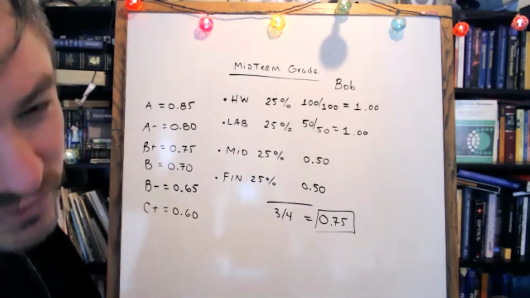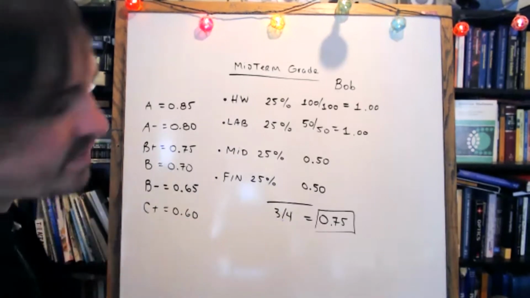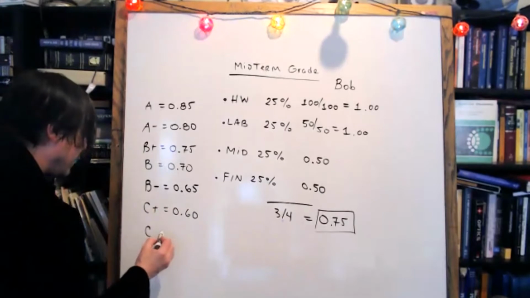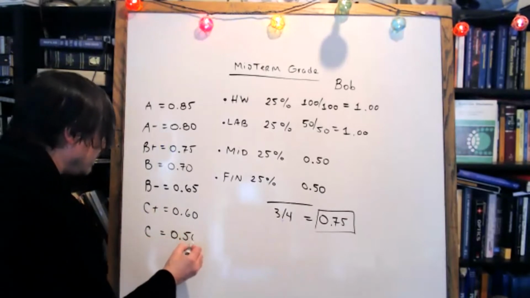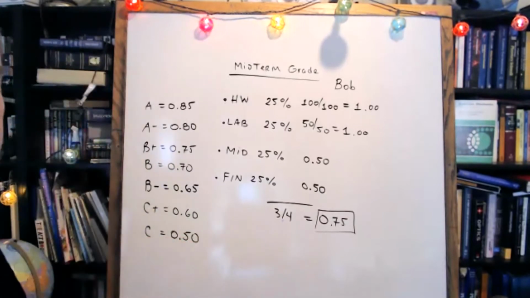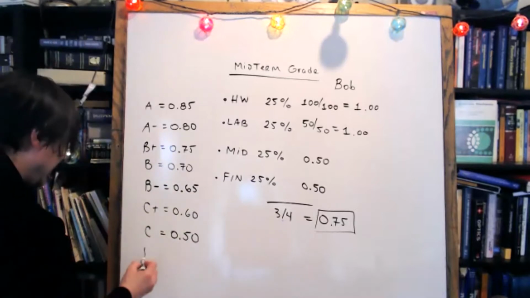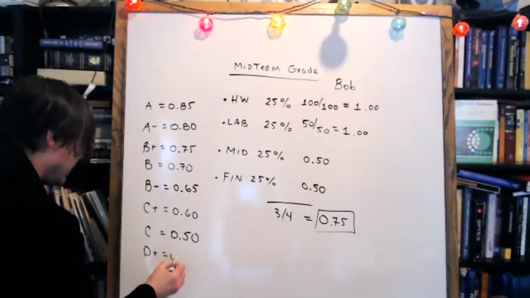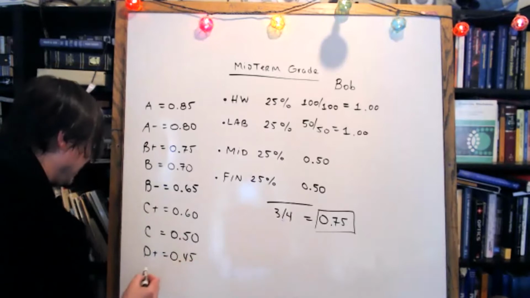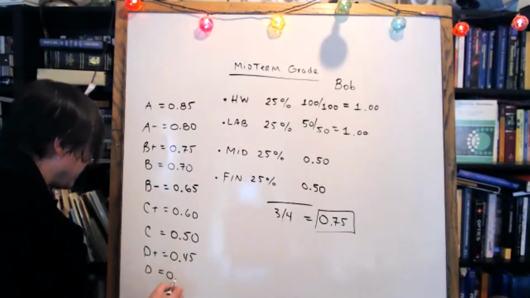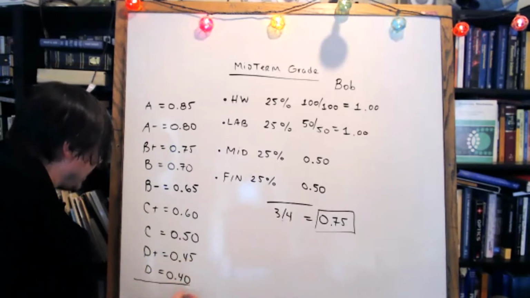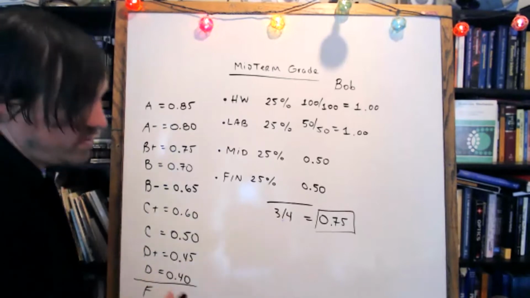Since we don't do C minus, I assume that the ground floor for C goes all the way down to 50% to help the people who struggle. D plus is 45% and above. D is 40%. And egads, if you're under that level, then you failed the course.